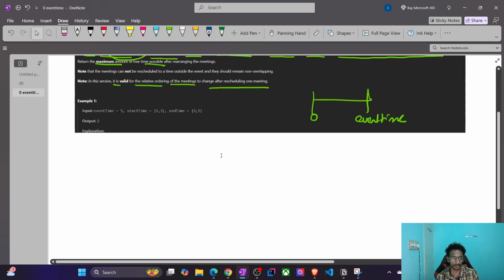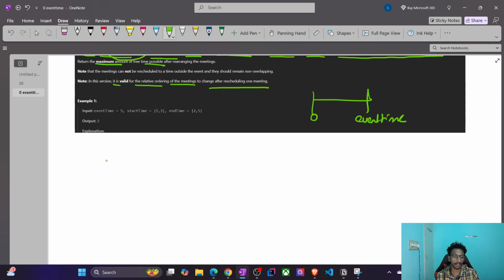Suppose for this example 1, the event time is 5, so it will go from 0 to 5: 1, 2, 3, 4, 5. Now one event is starting at 1 and ending at 2, so 1 to 2.